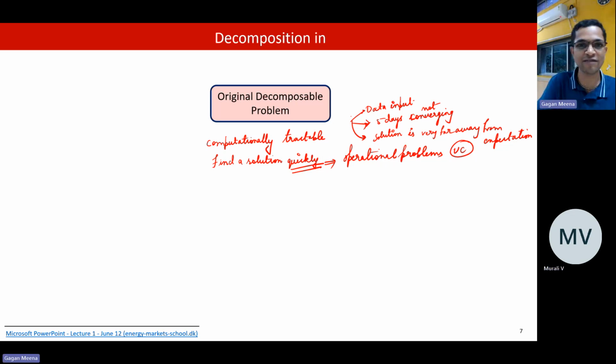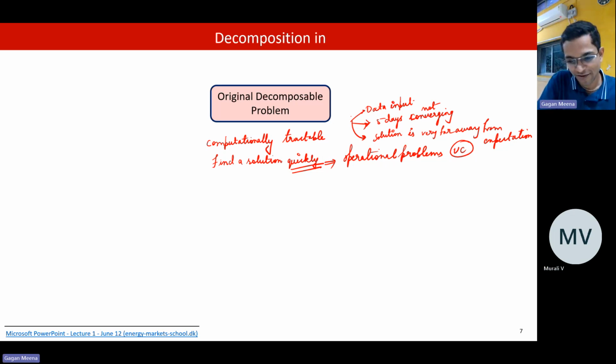So whenever we solve any such problem, we always want to do sensitivity analysis. If there is a small change, maybe 10% or 5%, in the input data, load data, or cost data of these plants or batteries, how is the solution going to be affected?